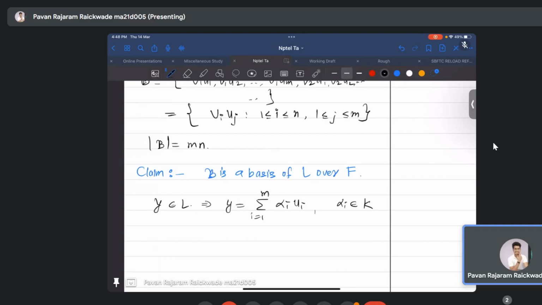But now each alpha i is an element of K. That means each alpha i can be written as summation beta ij vj. Not a nice notation, so just change the indices here.